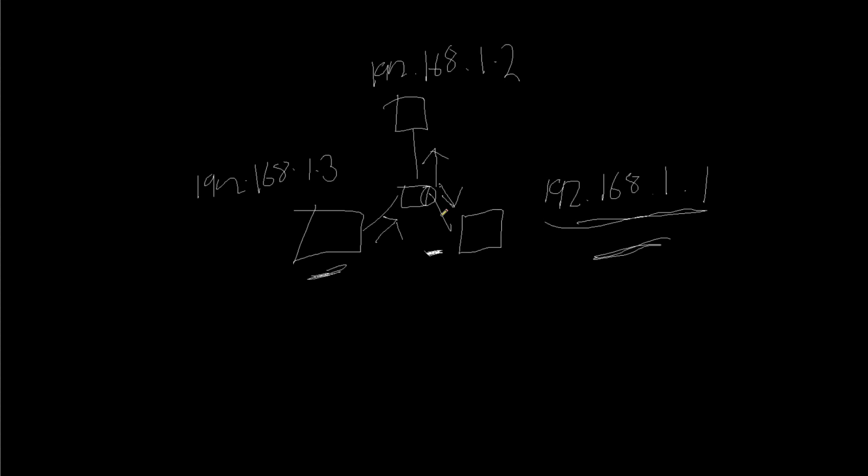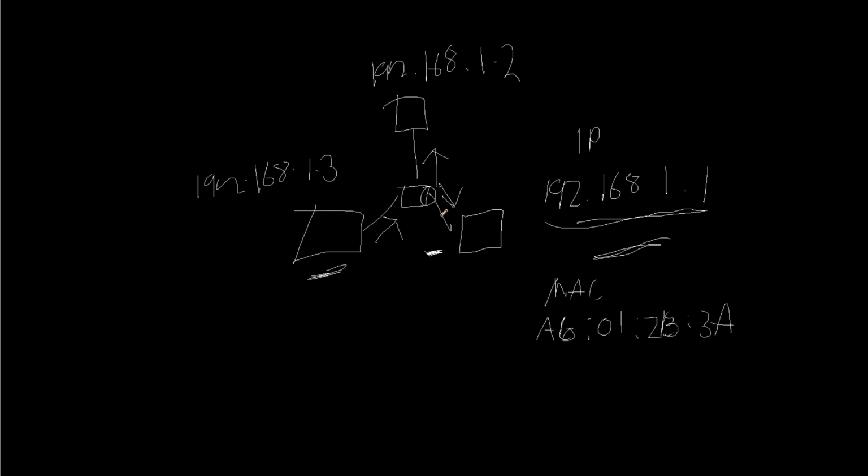The way it does this is through another address, which is called a MAC address. So there's an IP address, which is this one, and then a MAC address will have random letters and numbers in it, something like A601 2B.